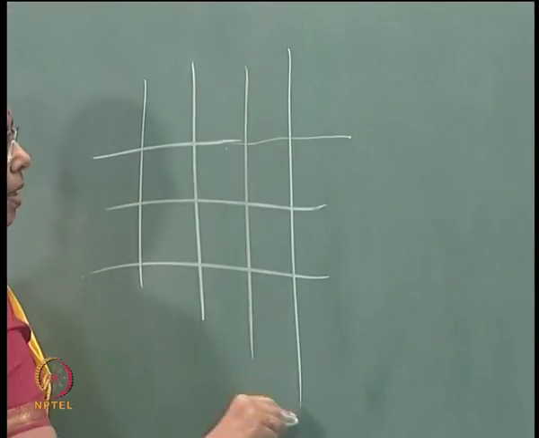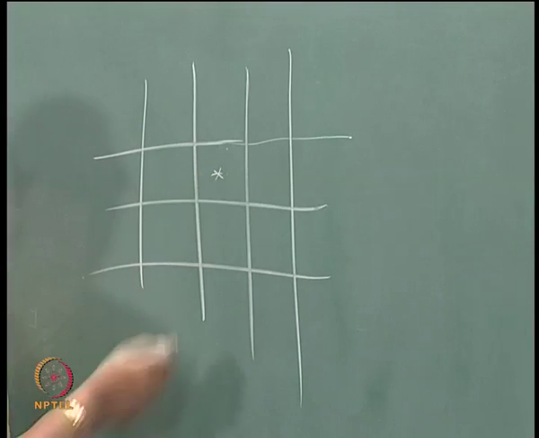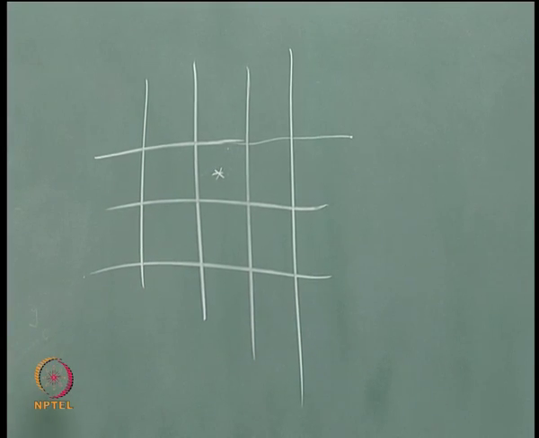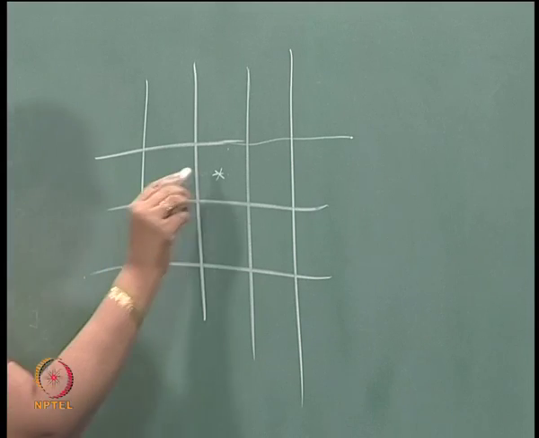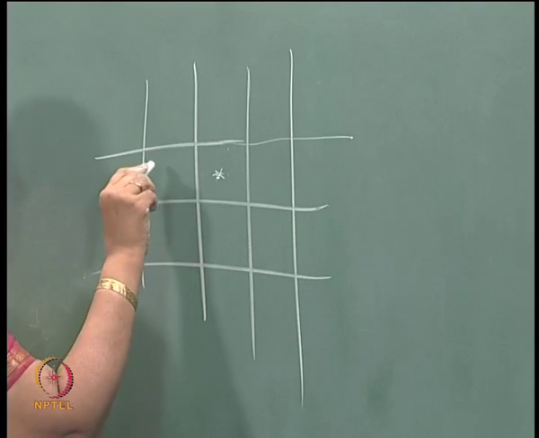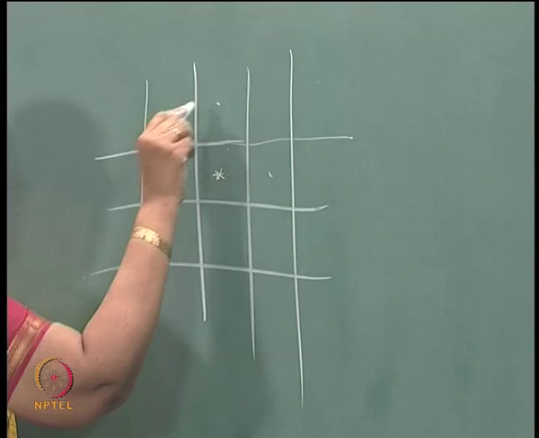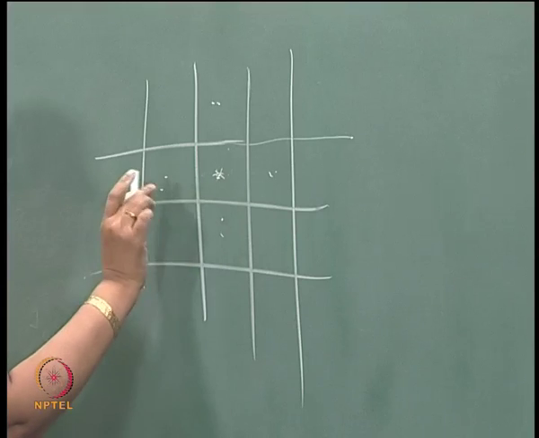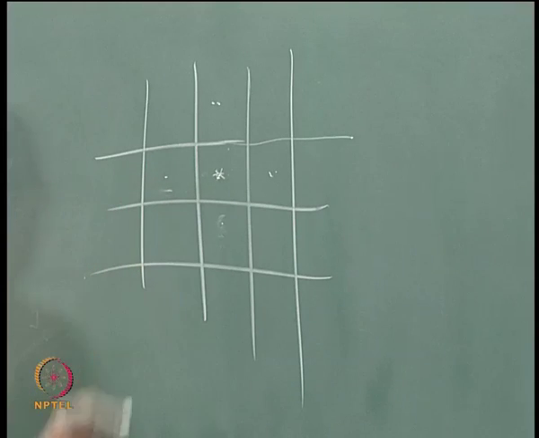Each cell will be in a particular state, and it will change its state depending upon the left neighbor, right neighbor, up neighbor, down neighbor, and its own. So, depending upon these 5 states, it will change state.